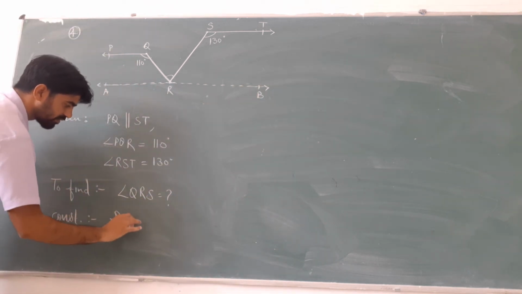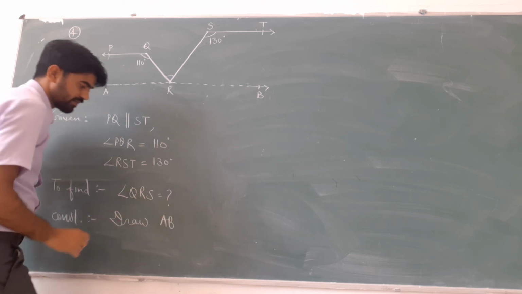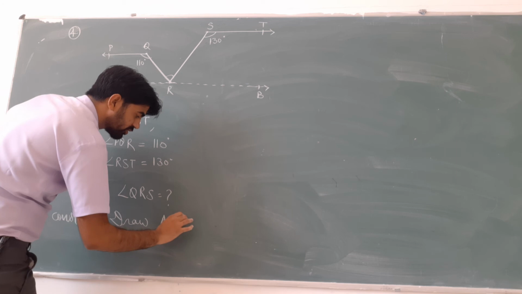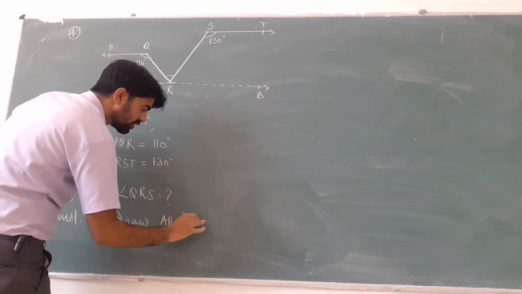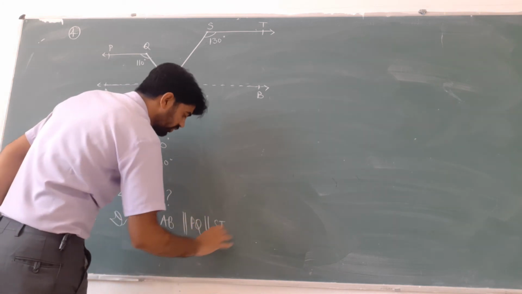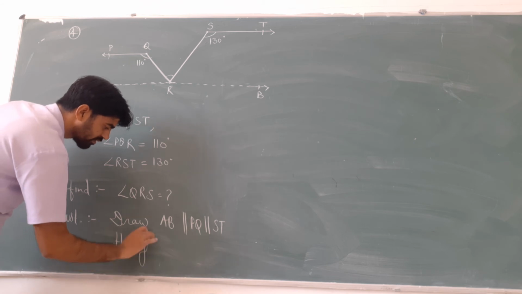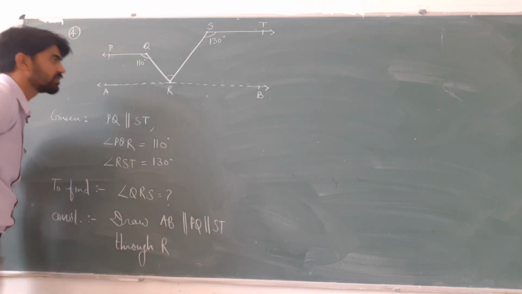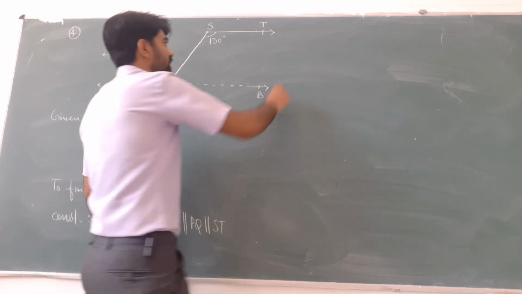Draw AB parallel to PQ, which is already parallel to ST, through R. Okay, from this point we have drawn this line. Now see the solution.